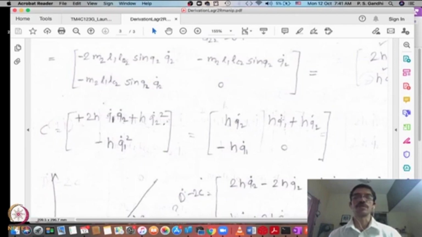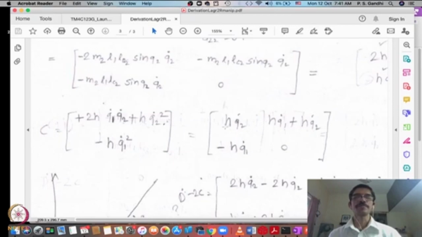So this H Q1 dot Q2 dot and H Q2 dot square. Now this H Q2 dot Q1 dot and H Q1 dot Q2 dot are the same term. They will get added to 2H Q1 dot Q2 dot. See the way it is split: this term is split into two parts, one part is put on this side, another part on the other side.